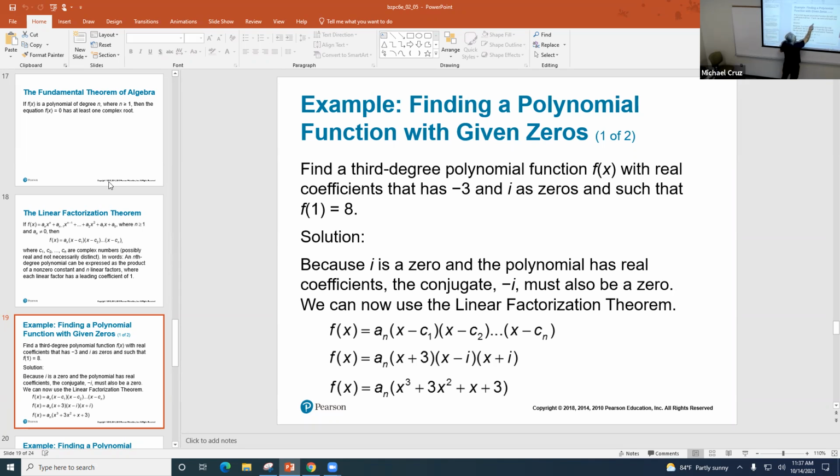And they tell you one of the factors is just plain old i, because remember it's x minus, then its conjugate will also be a factor. And so what you do is you set that up with that information, multiply all that across, and you're going to leave the a out there. And then you're going to use some information that they give you, which is f of 1 is equal to 8, to find out what that a is. In other words, it's a multiplier. It's a value that you can multiply through all of those. And I'll show you what we mean.